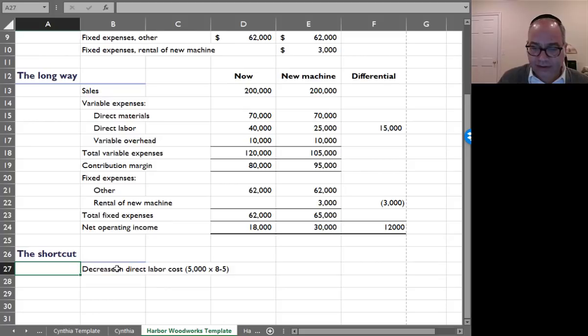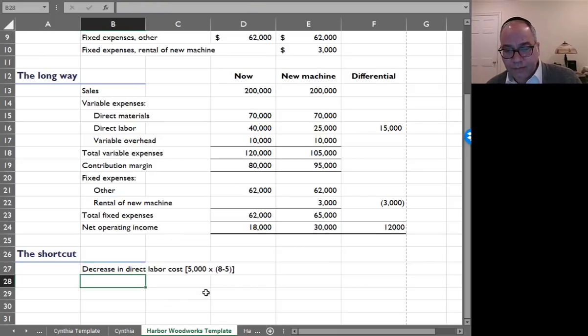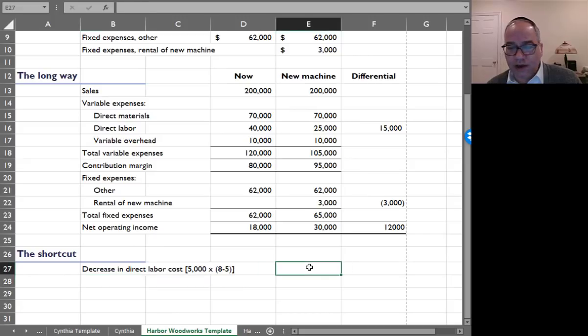Let me put that in parentheses. So the decrease in direct labor would be $15,000.